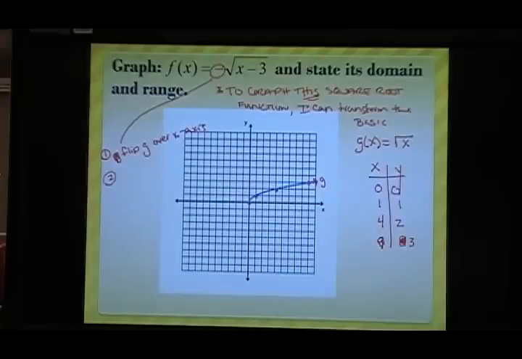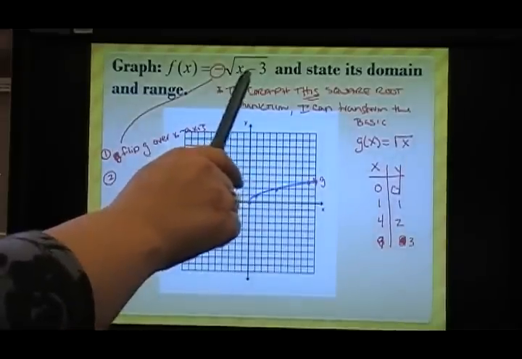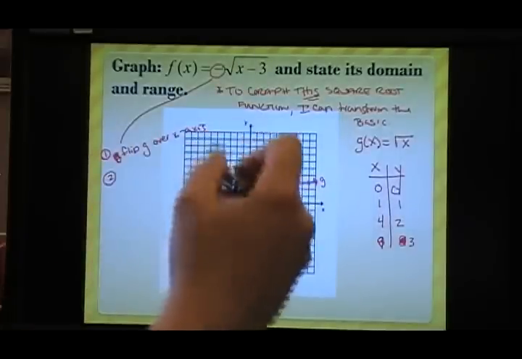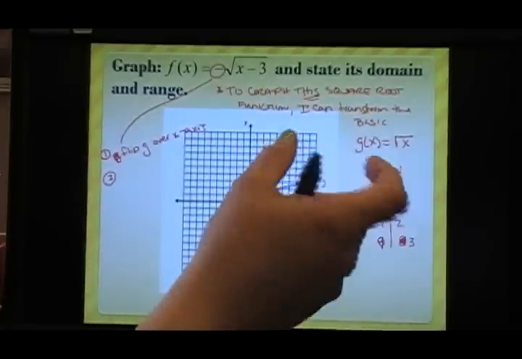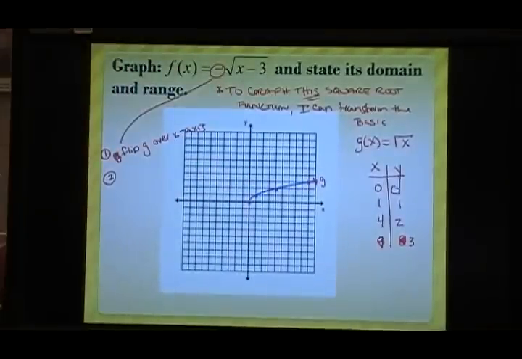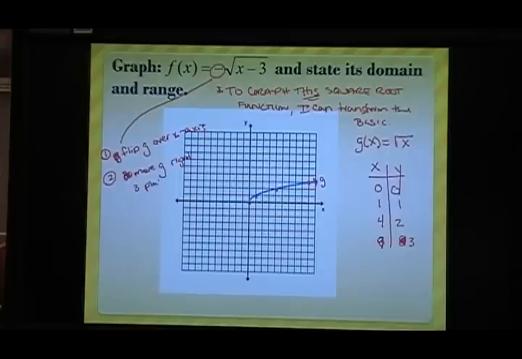And then the second thing I'm going to do, because we have this minus 3 inside the square root with the x. Okay, if it's in with the x, that's left or right. If it's outside, that's up and down. So minus 3 inside, I'm going to move my g right 3 places. Okay?